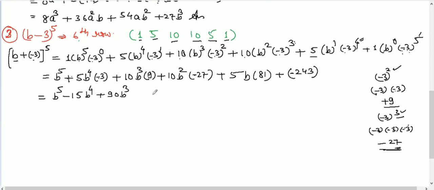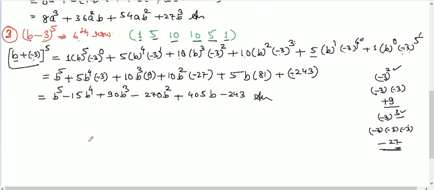Then plus minus minus, 10 multiplied by 27, which is 270, b to the power 2. And then we have plus sign, so 5 multiplied by 81 is 405 b. Then plus minus minus 243. So this is your answer of (b − 3) to the power 5.